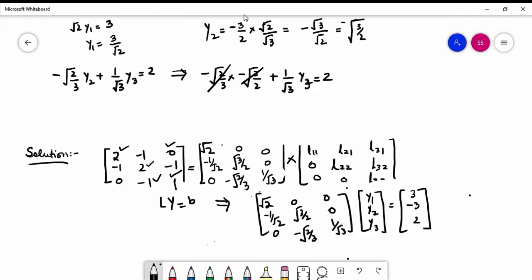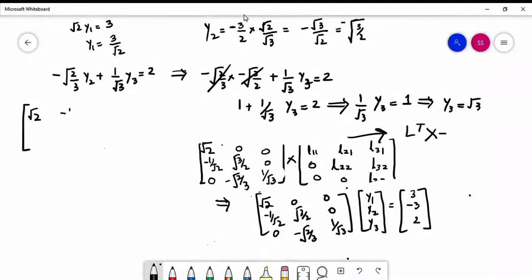So it is positive, 1 plus 1/√3 y3 equals 2. So 2 minus 1 is 1, and if I cross multiply it, y3 is √3.